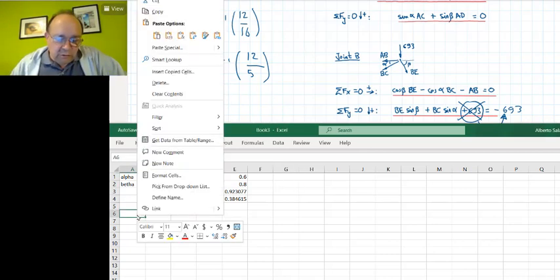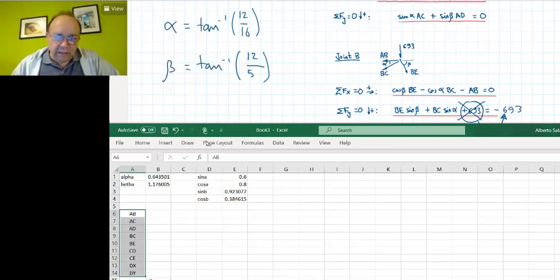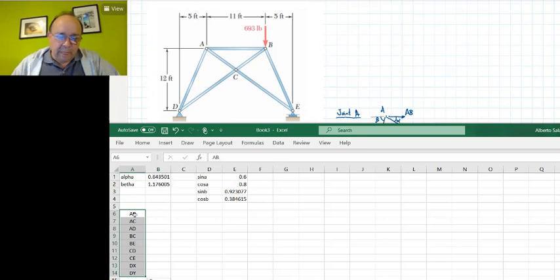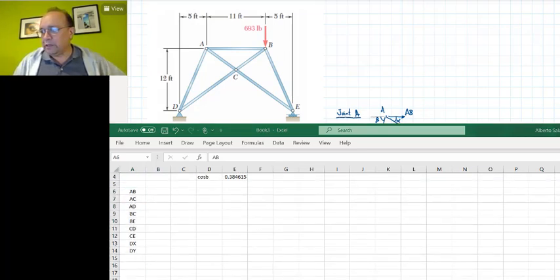So here will be all the bars: AB, AC, AD, BC, BE, CD, CE, and the reactions dx, dy, and I am missing one reaction here.